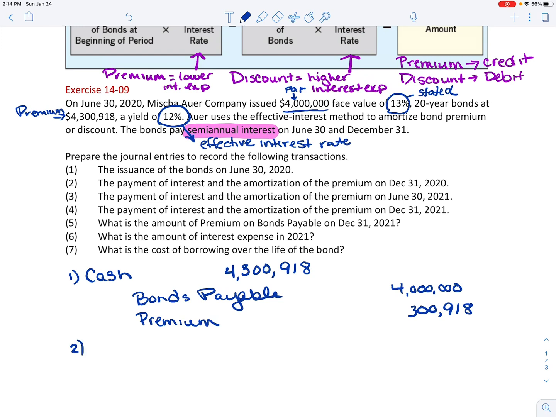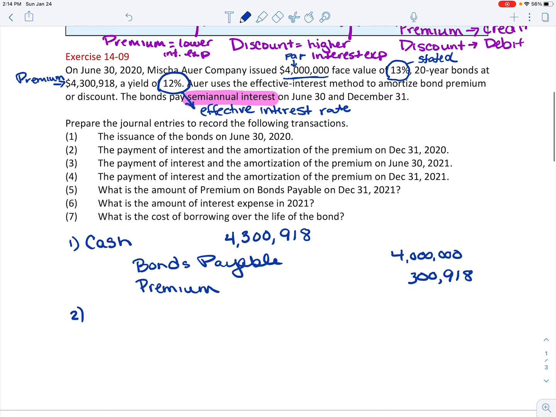So for 2, when we're recording that first interest payment on December 31st, we're going to debit our interest expense. We're going to then debit our premium.